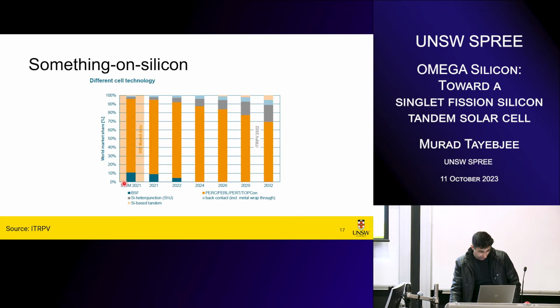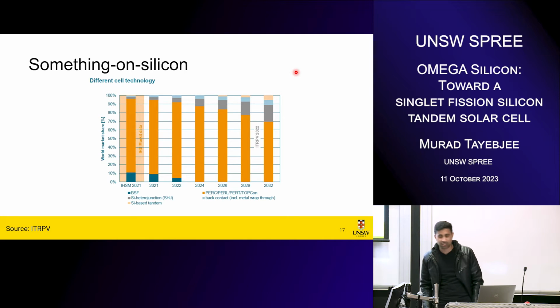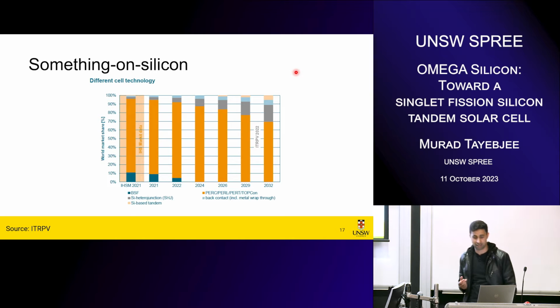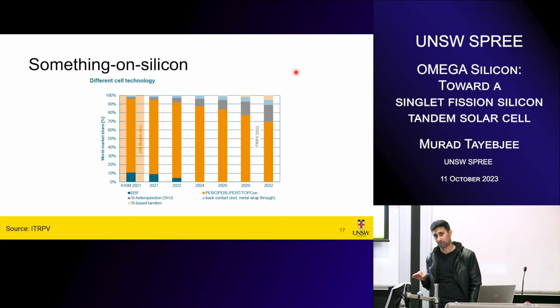You can see that we've had all of these different silicon technologies, PERC, PERL, PERT, TOPCon in the orange here. Some heterojunction technologies are going to grow in over the next decade, they believe. And if you look up here, this sort of, I don't know, salmon color, maybe beige, that's going to be 5% silicon-based tandems in the next 10 years. Okay? So in 10 years' time, 5% of the market, they think, will be tandems.